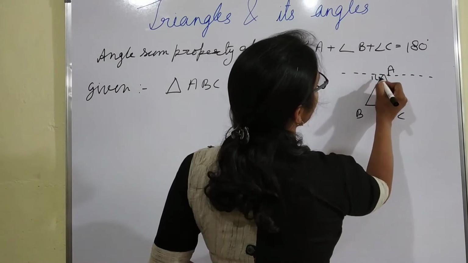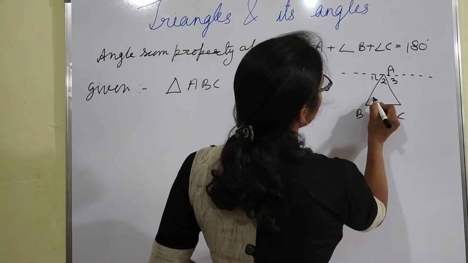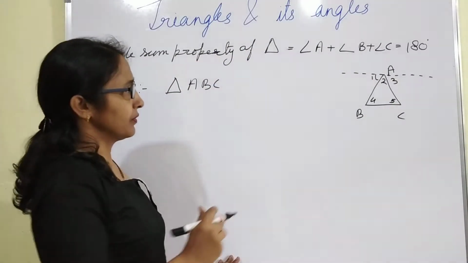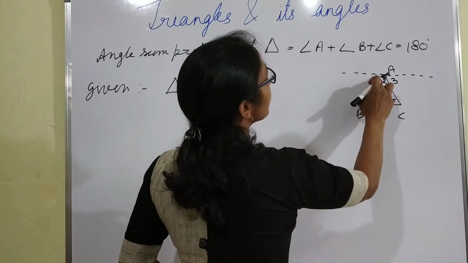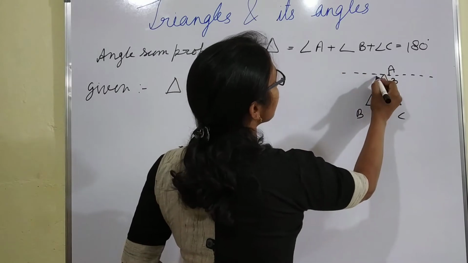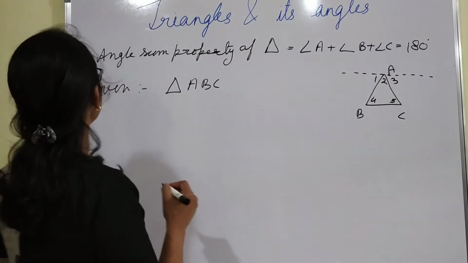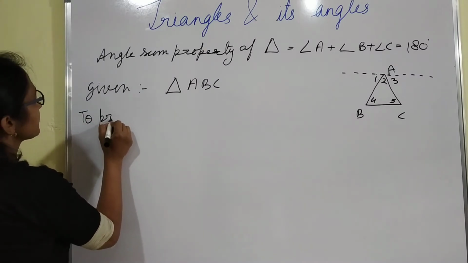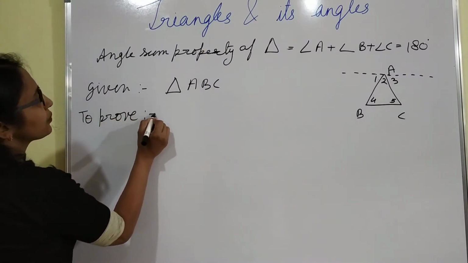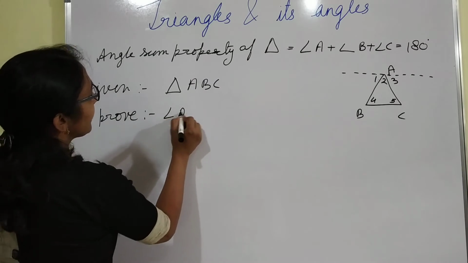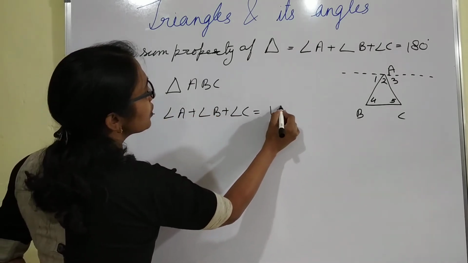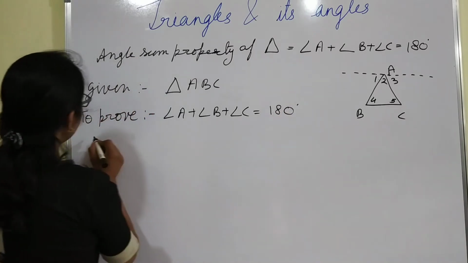So it is angle 1, 2, 3, 4 and 5. To prove angle A plus angle B plus angle C equals to 180 degree.